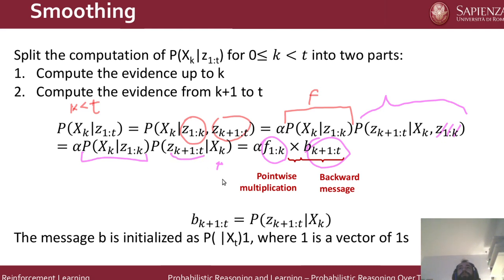Now I'm saying future, but given you got this observation, this is not really in the future. The real thing is that this is in the past, and this is up to the present. So we want to know now how to compute this backward message, or in general this term here.